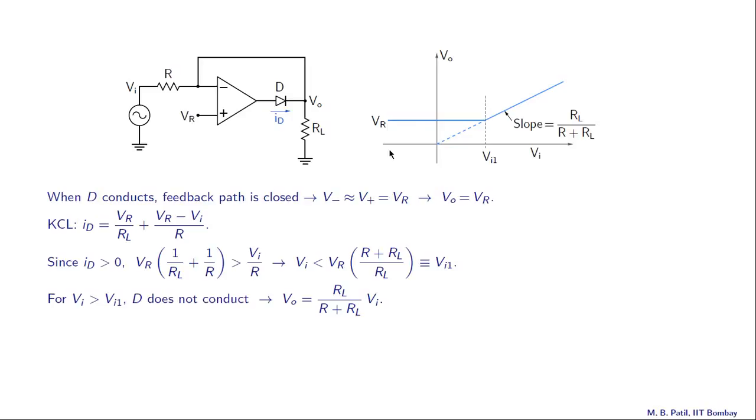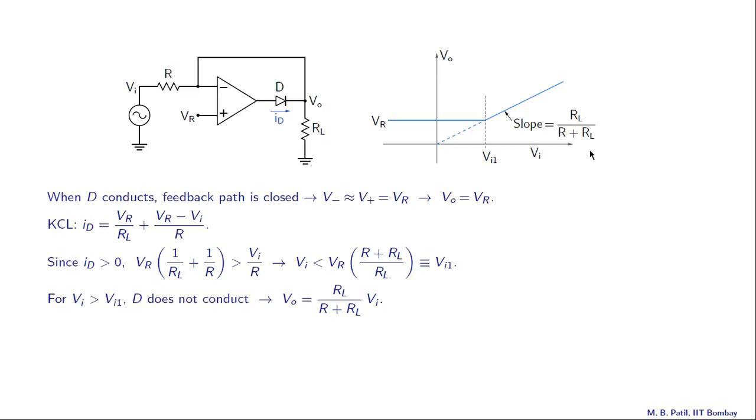Otherwise, Vo is given by RL by R plus RL times Vi, which is a straight line passing through the origin, this line, with a slope equal to RL divided by R plus RL. So this circuit is essentially a clipper circuit.